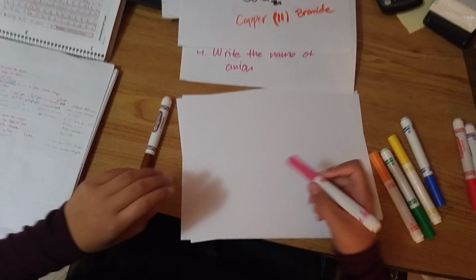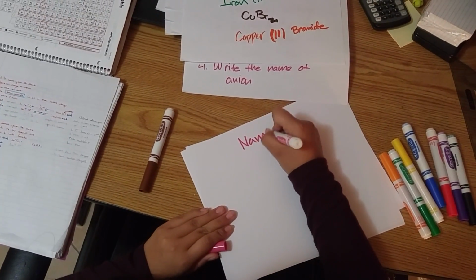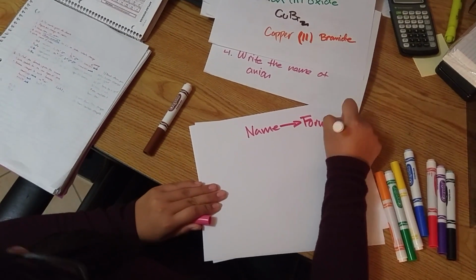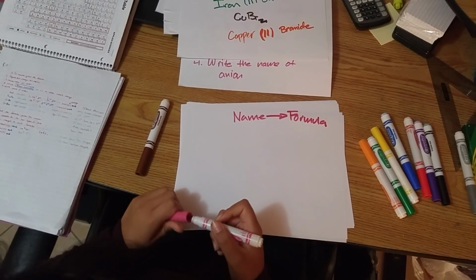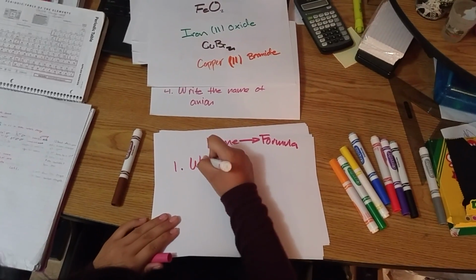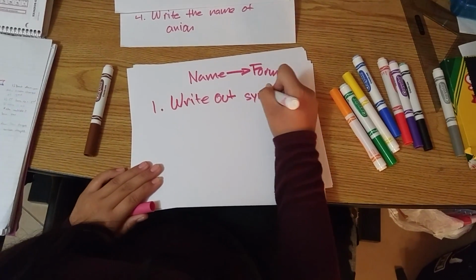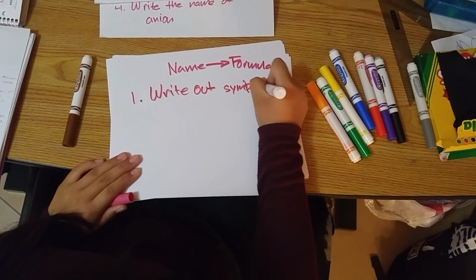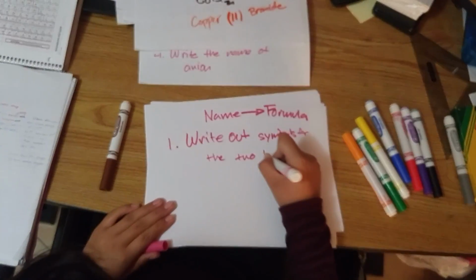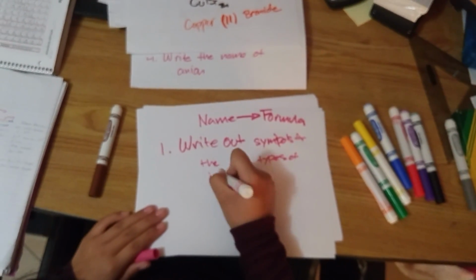Now, what happens if we want to go from name to formula? Well, first, we write out symbols for the 2 types of ions.